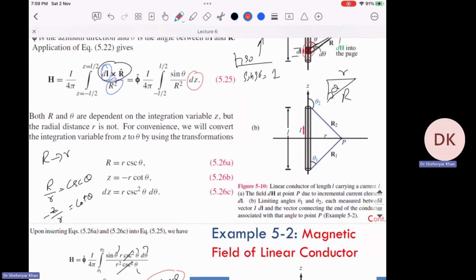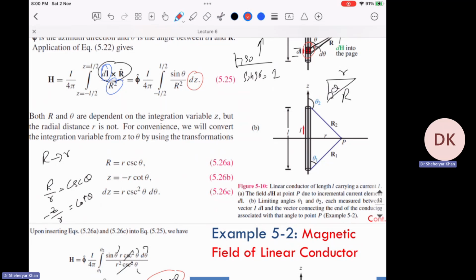Now, there's one problem with this integral: the differential part is only dz, but the magnetic field is also along the other theta directions. So we need to convert all those parameters into the theta domain so that we can construct a triangle here. R is this length, theta is the angle, and r is this one.